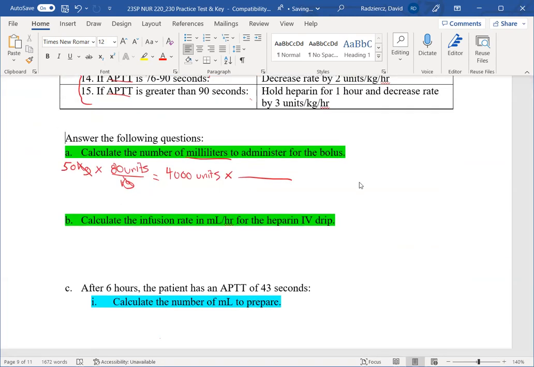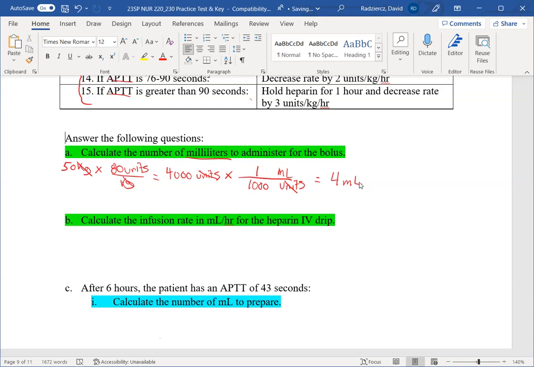So I don't want units, I do want milliliters. 4,000 units over 1,000 units, and my answer for my initial bolus is just going to be 4 milliliters. So again, the trick to this question is just knowing where to find the information, and then once you know where to find it, you know what to do with it.